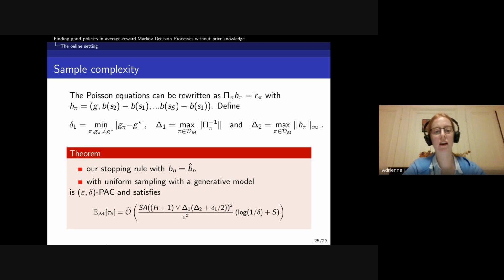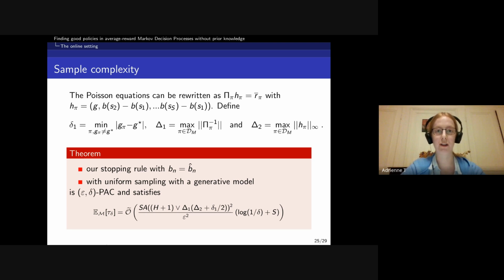And so we get some sample complexity where we see SAH over epsilon squared. So we try to be happy, but then we see that there's all those other quantities that just might be very, very big and that we don't actually know how to estimate yet. And so something that I would be interested in is looking at how those quantities compare to previously existing complexities.